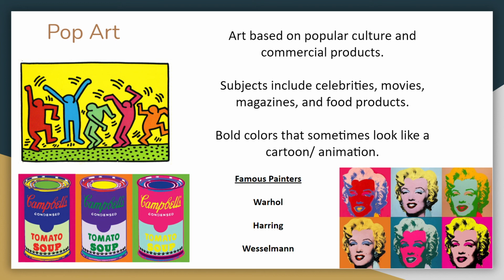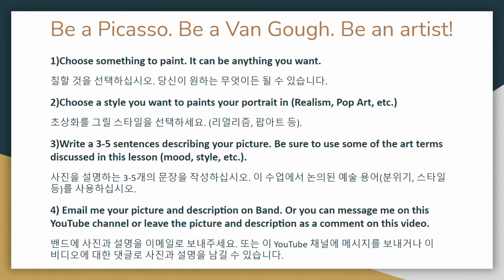So, with all this in mind, I have a quick, fun little assignment for you. Be a Picasso, be a Van Gogh, whatever artist you like most, Picasso, Van Gogh, Warhol, whoever, be an artist.